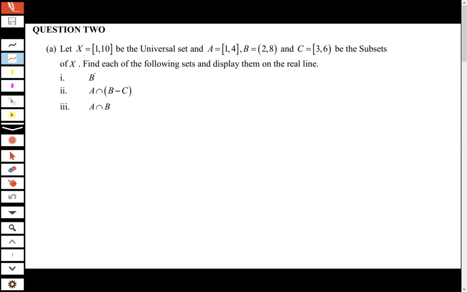So in other words, this is the universal set. And then we also have A is equal to that, B is equal to this, and C is equal to that. They're saying these three sets, A, B, and C, are a subset of X, and X has been given to be the universal set, meaning A, B, and C are all within X. Then the question goes on to say, find each of the following sets and display them on the real line.